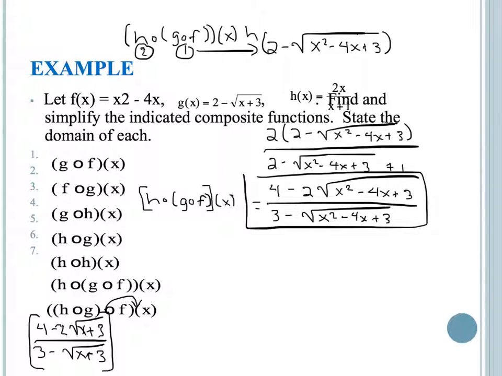Every place that there's an x in my f function, no, sorry, I'm saying that wrong. My f function is going into this. So every place that there is an x, my f function is going into this beautiful fraction.